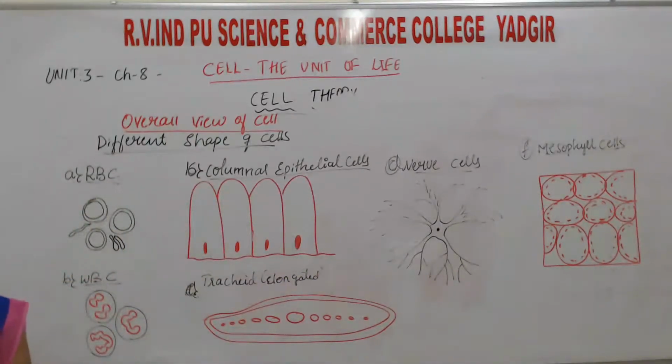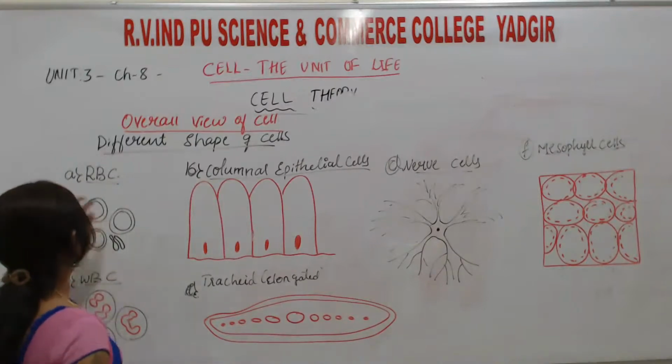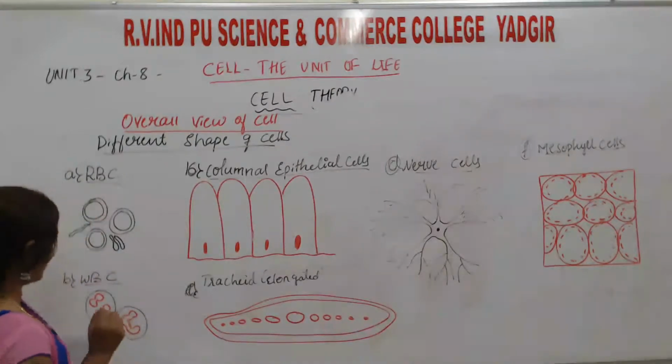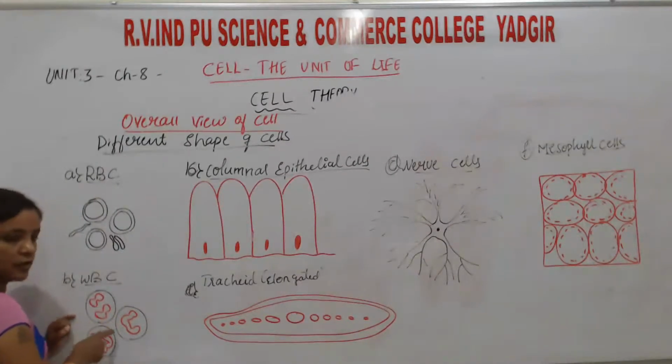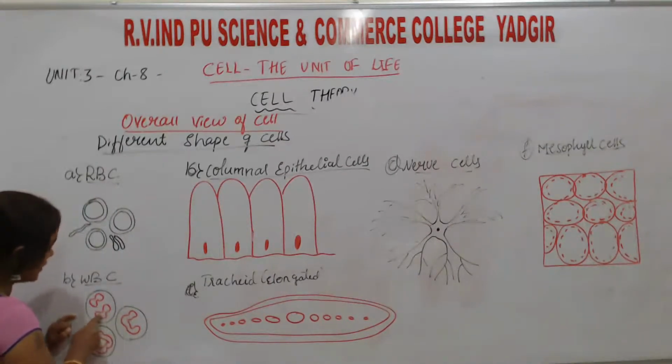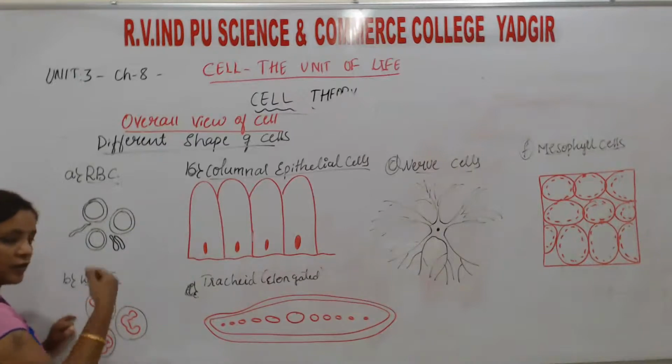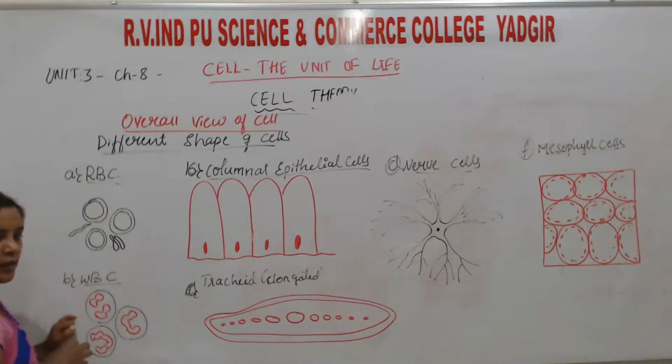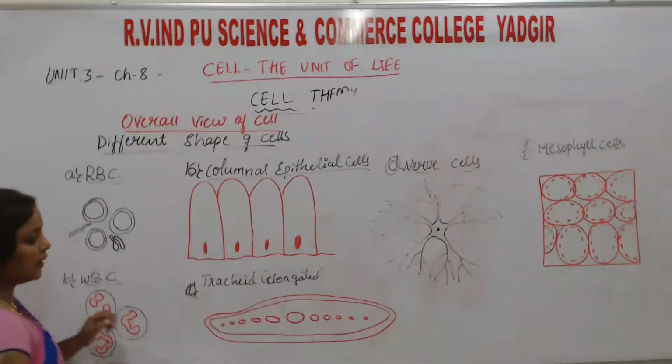Okay, you can see here the structure and shape of the cell. RBC is like a disc-shaped structure. In WBC you can also see some granules inside the cell, which in further classes you will study as components of blood.